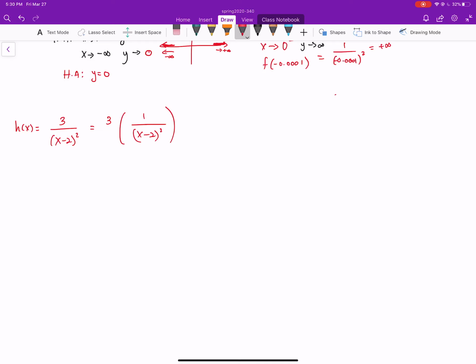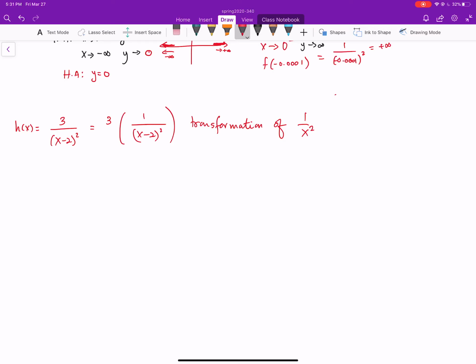That looks like a transformation of 1 over x squared, which we just did.